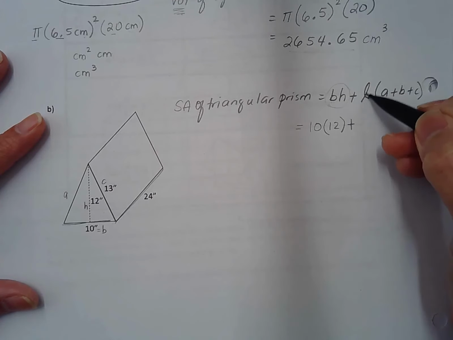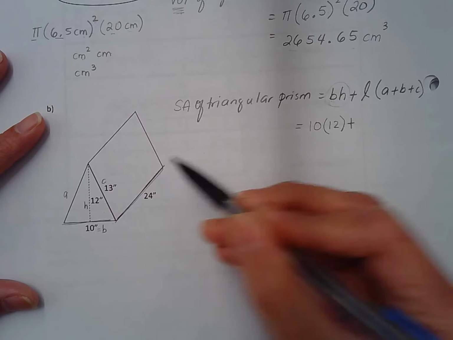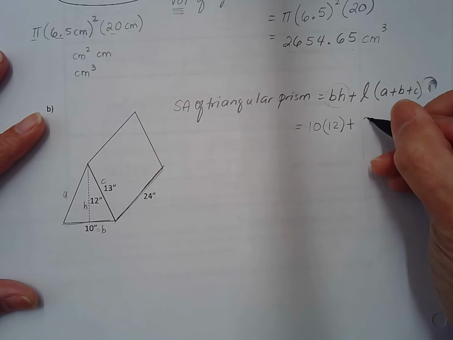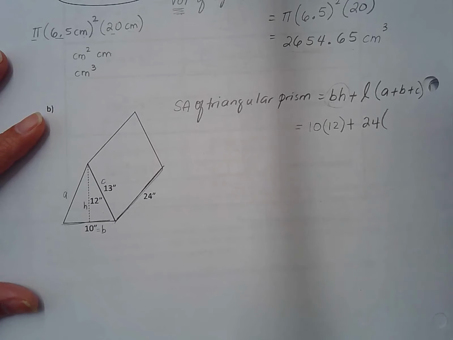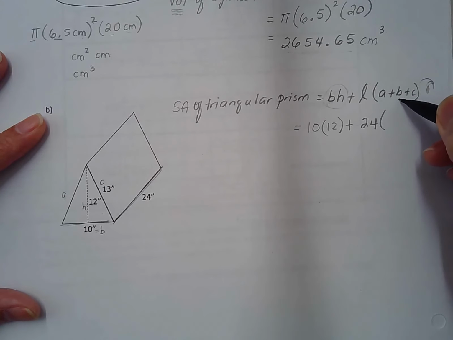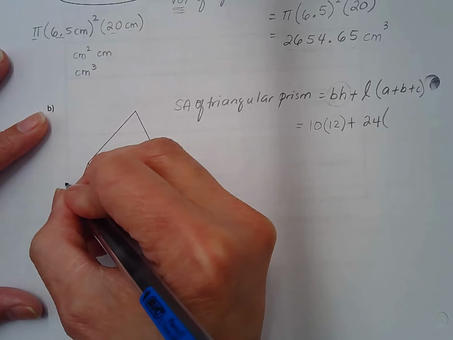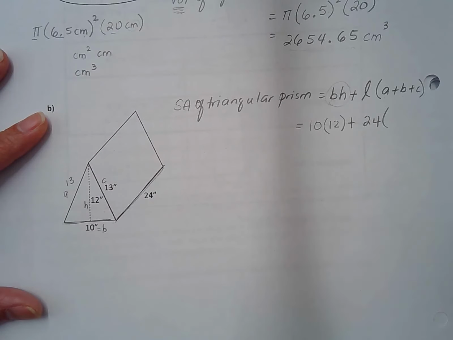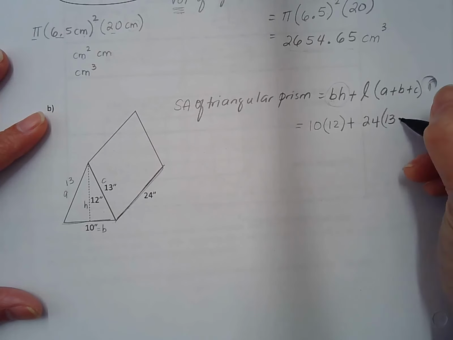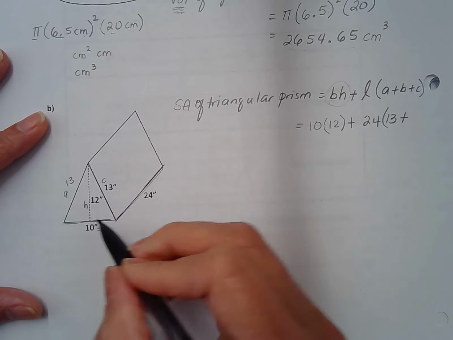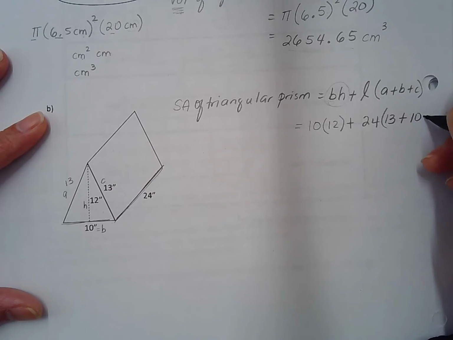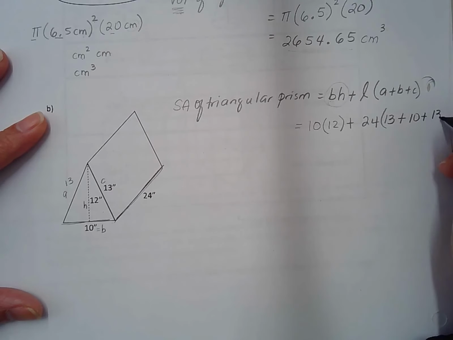Plus the length, this length, that's going to be 24 times A plus B plus C. So A, what's the value? A is also 13 plus B is 10 plus C is 13.